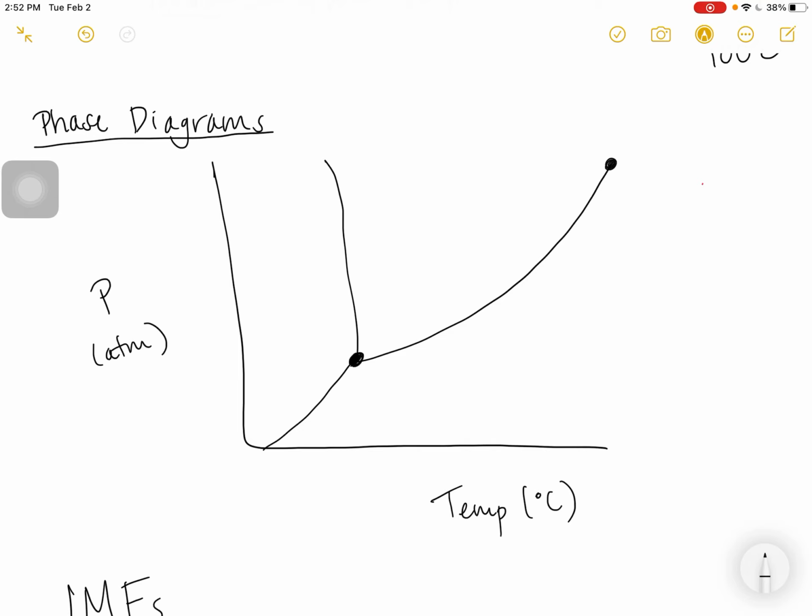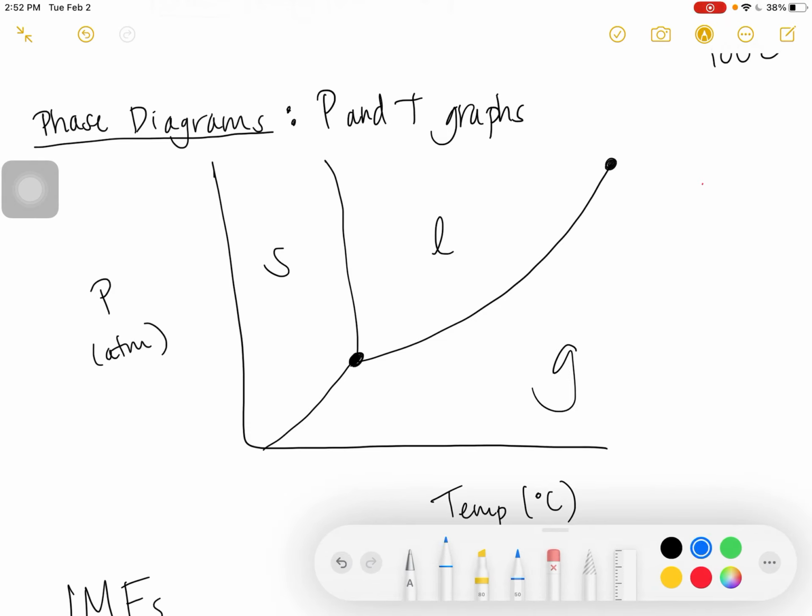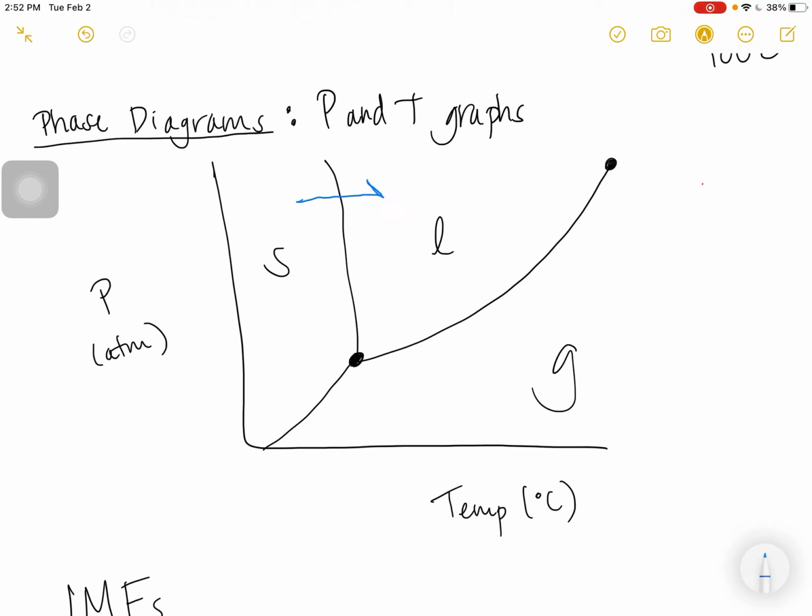Okay, we also learned about phase diagrams, which are basically pressure and temperature graphs of a substance. Okay, we learned that we can label the solid, the liquid, the gas phase. We also learned that as we cross this line this way, that would be the process of fusion or melting, solidification, evaporation, condensation, sublimation, deposition, okay?